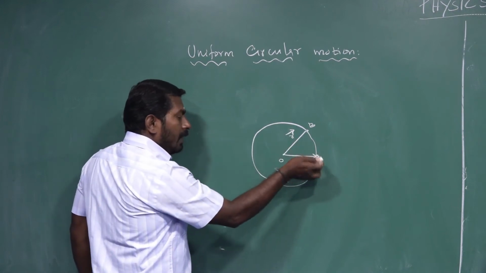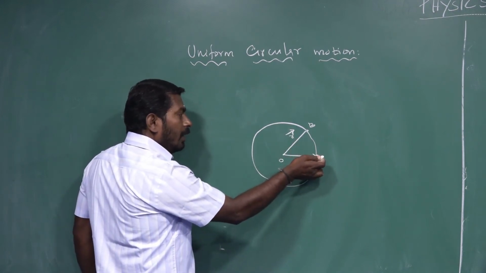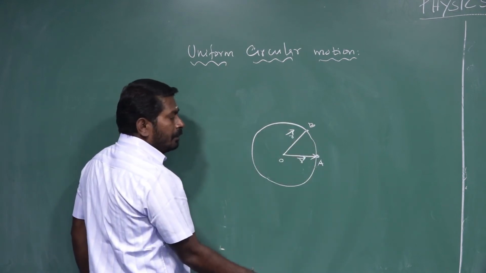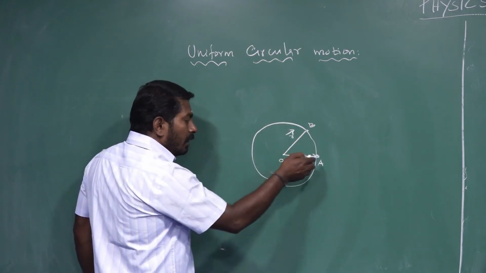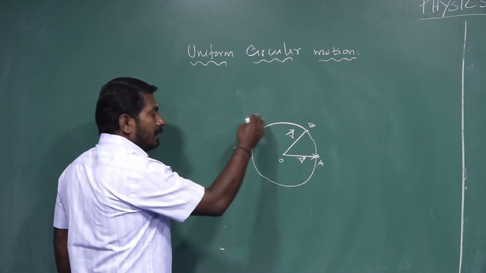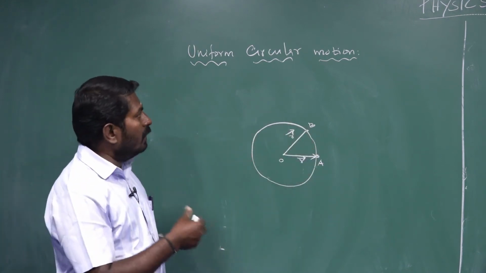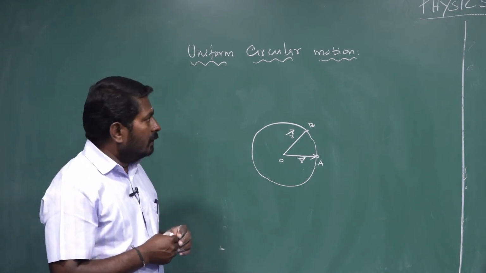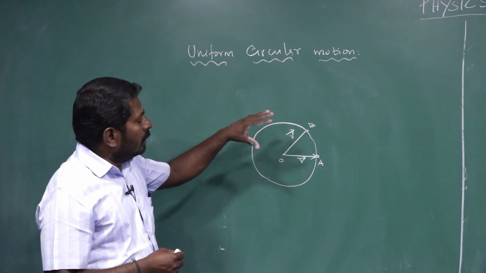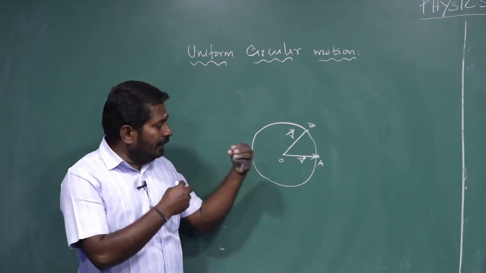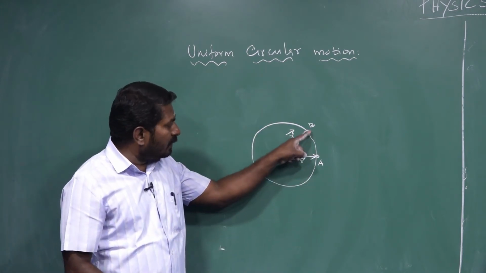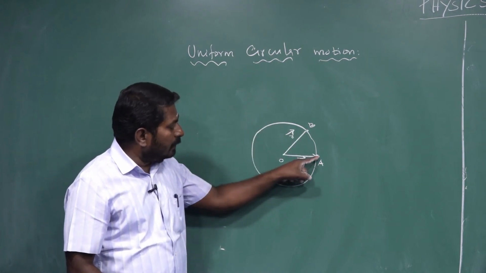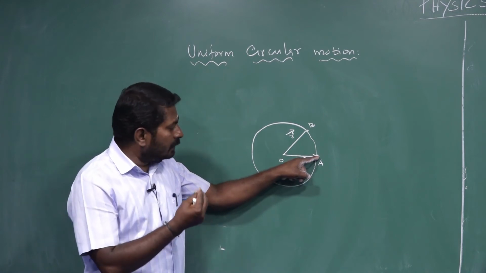If a particle or a point object is moving on the circumference of the circle with constant speed, then the motion of the point object or particle on the circumference of the circle is said to be uniform circular motion. So once again, keep it in your mind. Uniform circular motion. If a point object or any body moves on the circumference of the circle with constant speed, at the A point, the speed of the particle remains constant.